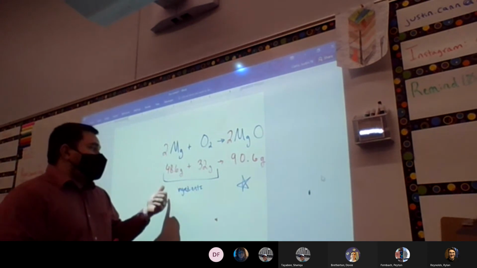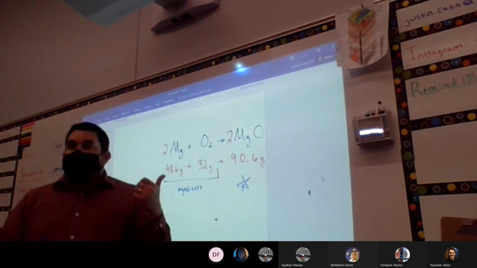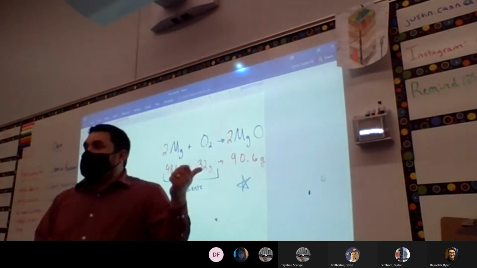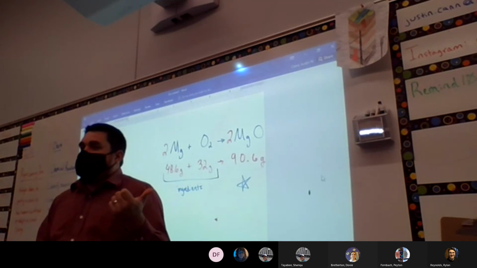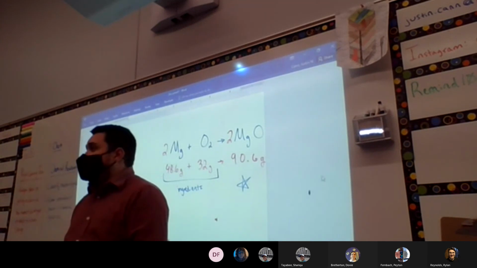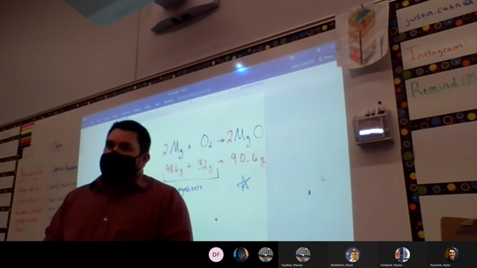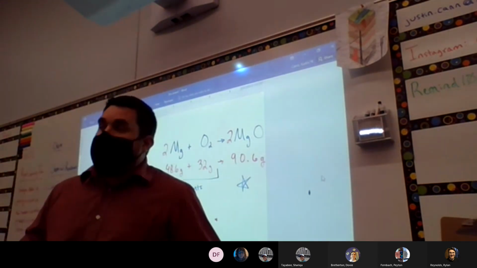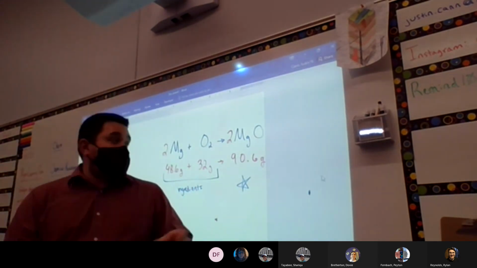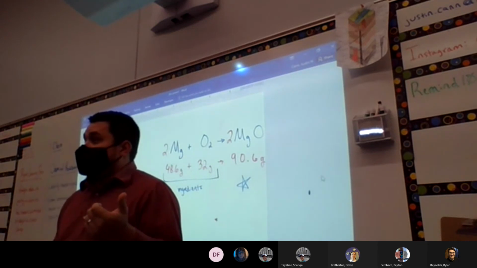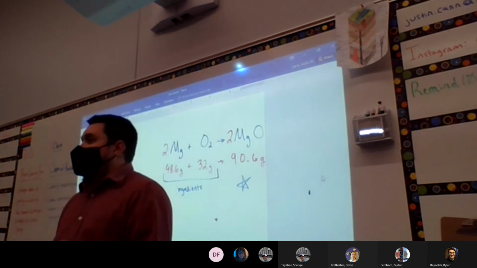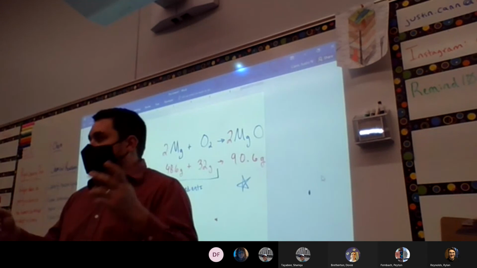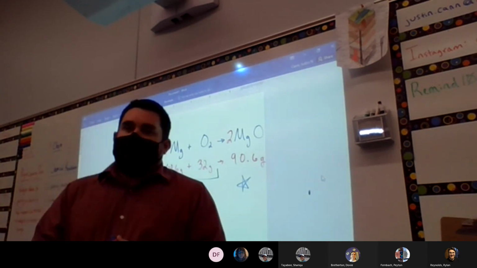So if I measure out 48.6 grams, and I do not make this much magnesium oxide, something must have went wrong with my lab, right? Now, granted, will chemists ever get 100% perfect? Probably not. But we want something close to 90.6. Might be 90.3, 89.8, or whatever. We'll want something close to that number.